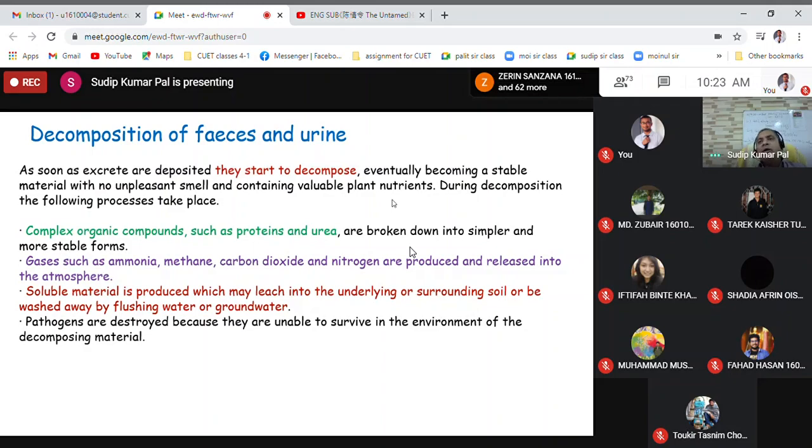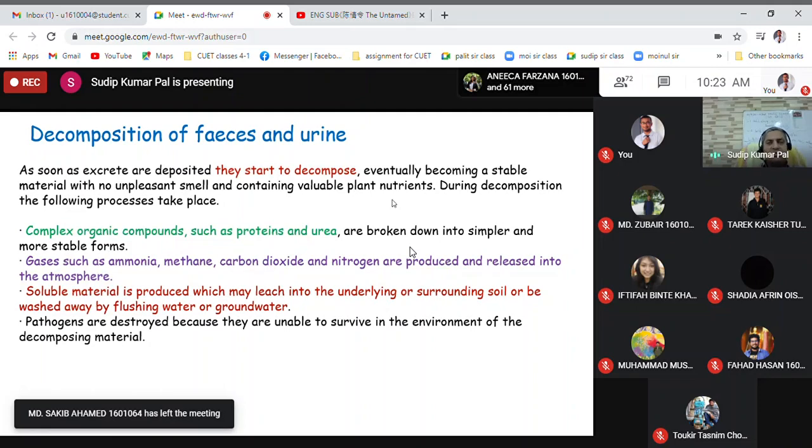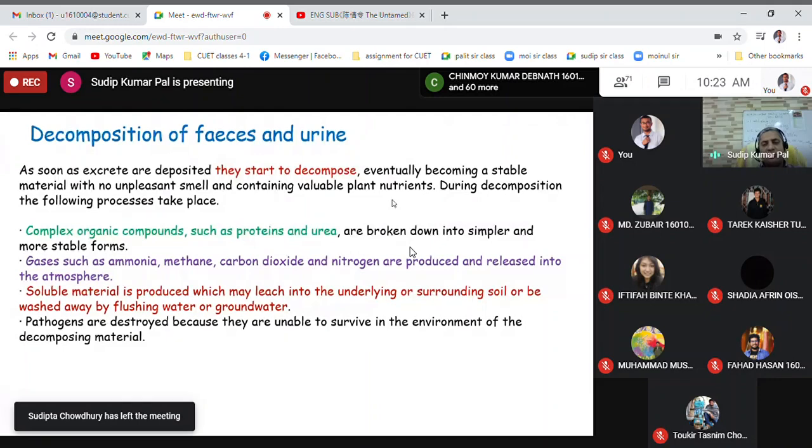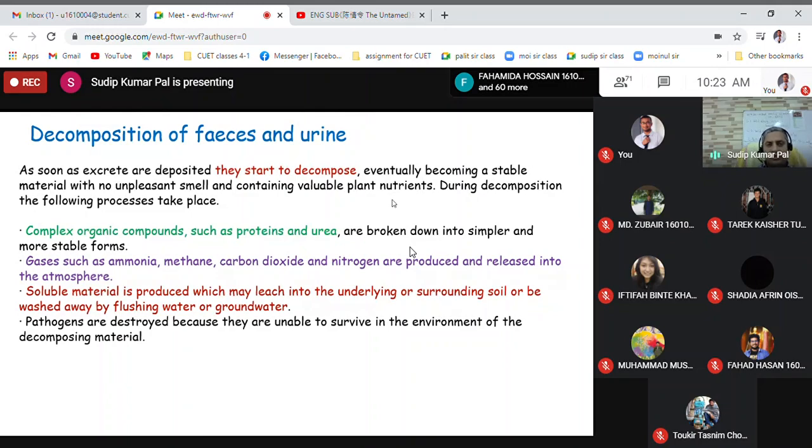Normally they survive well in your intestine, in your stomach, because the temperature is very favorable for them to multiply. When it comes out into the environment, sometimes heat is produced, air comes in, and the presence of air and temperature does not create a good environment for pathogens to survive. In that case, pathogens start to be destroyed in the environment once they come out of your stomach.